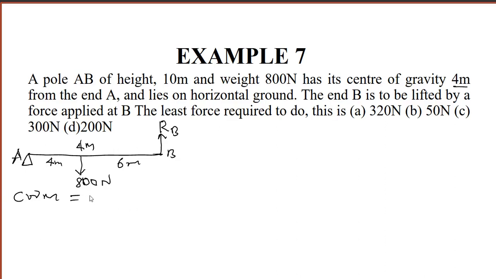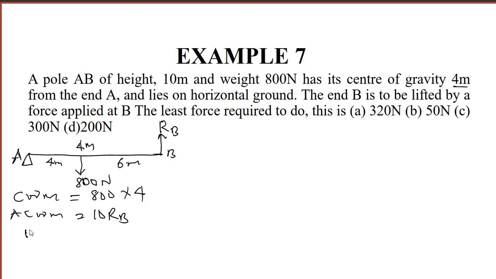So the clockwise moment will be equal to 800 times the distance, which is 4. The anti-clockwise moment will be, now the distance from RB to the knife edge is 10, so that will be 10 RB. The anti-clockwise moment must be equal to the clockwise moment.